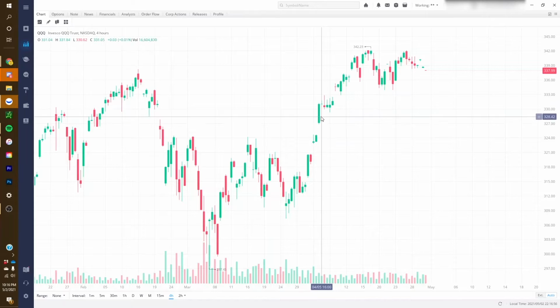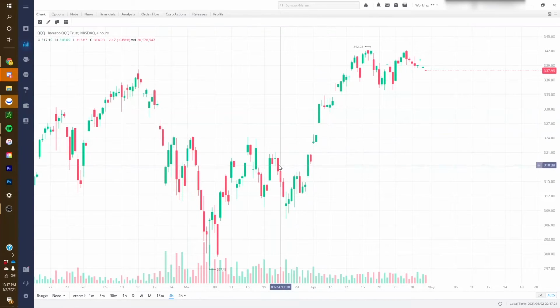The little lines above and below are the low and the high of the candle. So the candle didn't necessarily close at the high. It closed right below the high, and it went all the way down here, but it opened above that low. So that's where you get that.